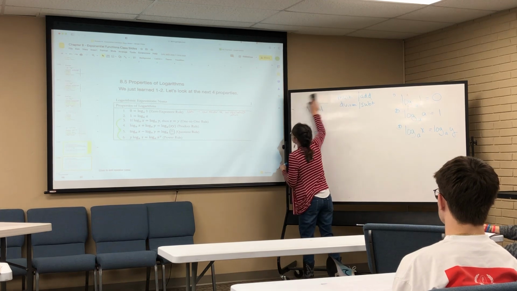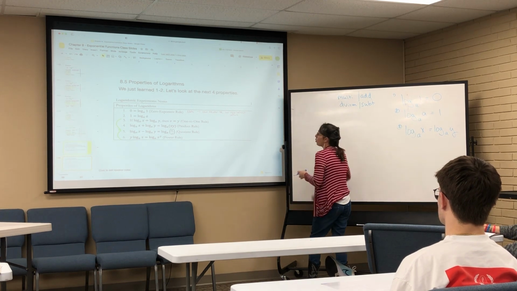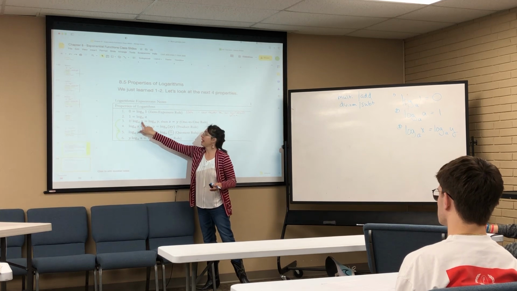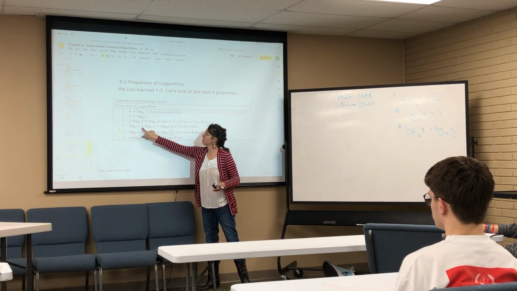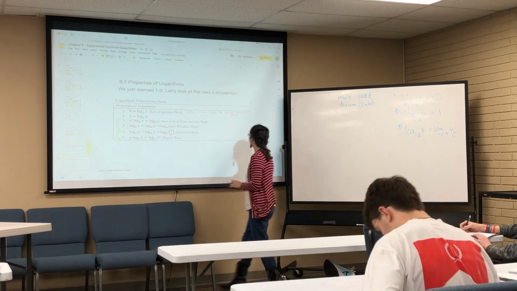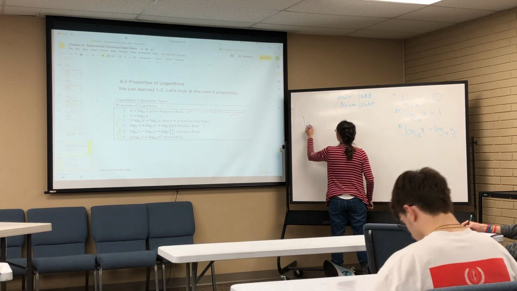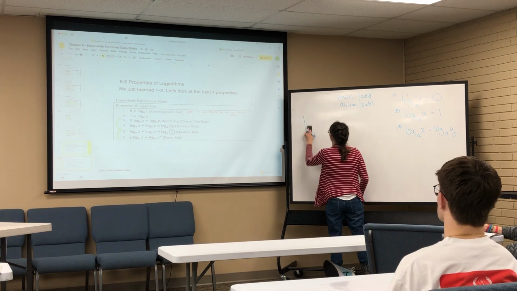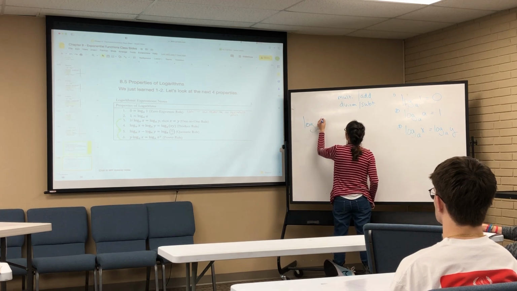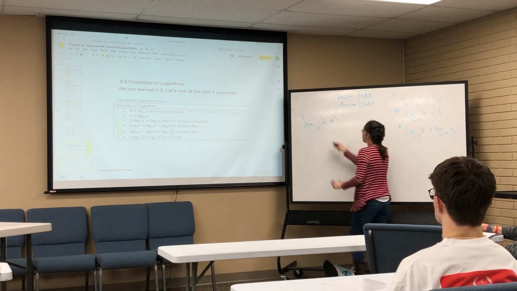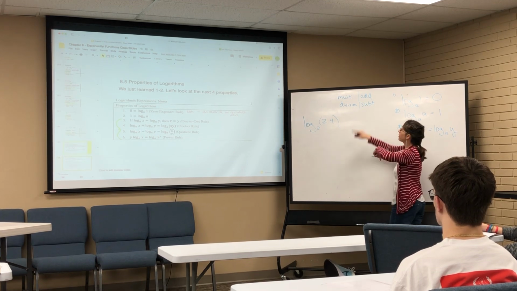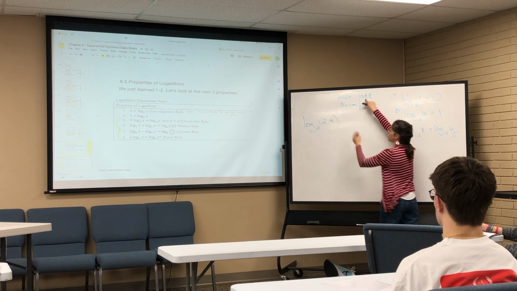When we have 2 logs with matching bases, if they are added, then we can multiply the equivalent values. That also means that if we start out with multiplication, we undo it with addition.